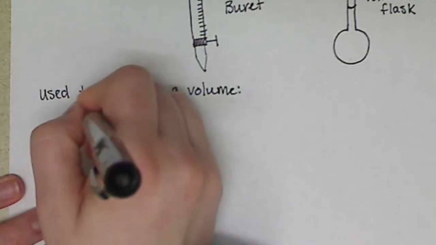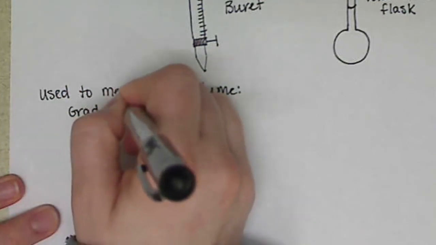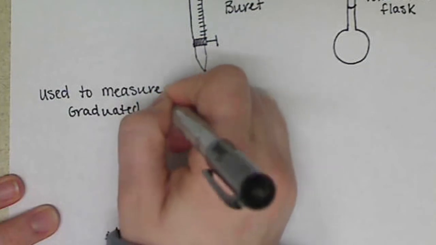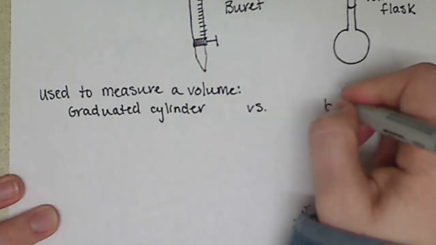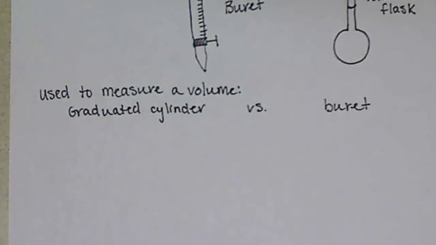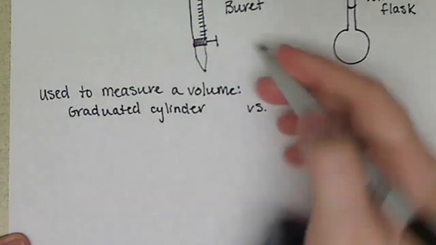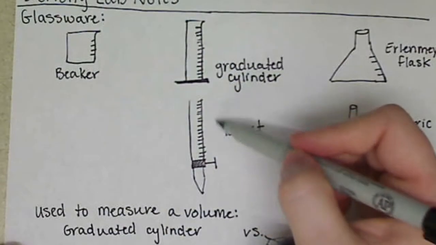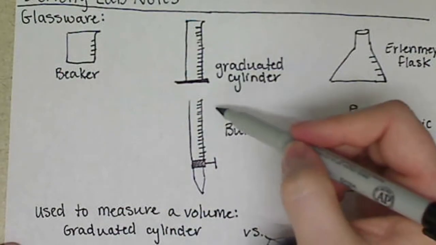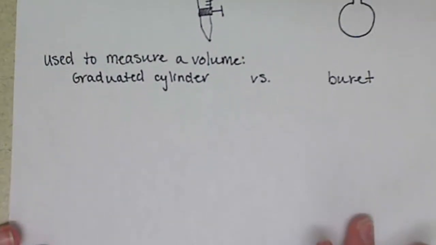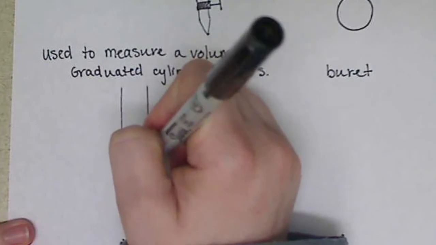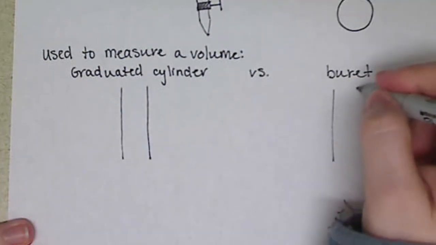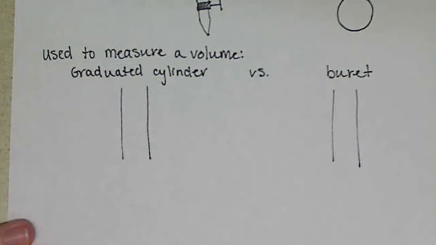Let's look at a graduated cylinder versus a burette. One thing about them, their general shape is the same. They're basically long and skinny, and that allows us to get a better definition between volumes.